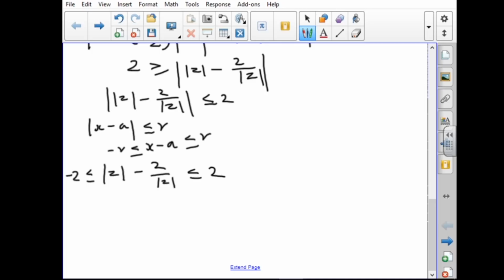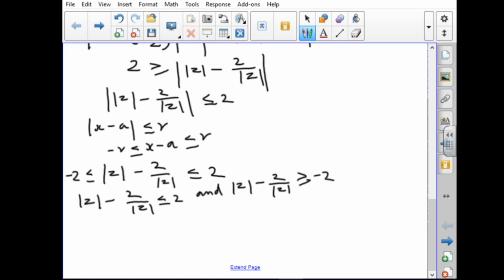From this we get two inequalities: modulus of z minus 2 by modulus of z is less than or equal to 2, and modulus of z minus 2 by modulus of z is greater than or equal to minus 2. So we take this and this. Now consider this.